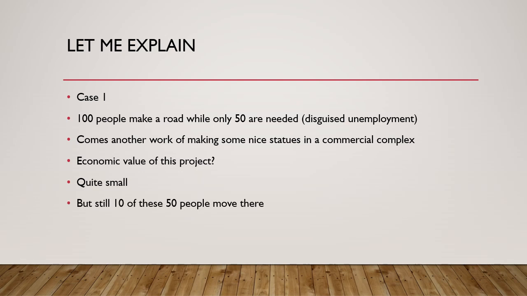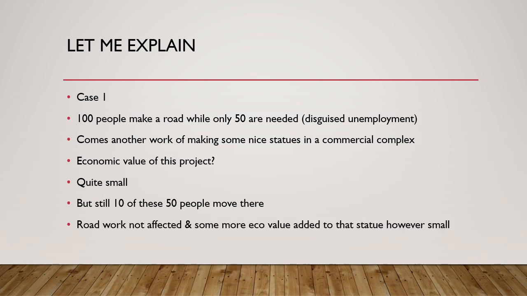However, since only 10 people are needed, and in any case there is slack in the labor, there's surplus labor working on the project, it's easy for contractor A to give contractor B 10 laborers. With this decision, the road work is not affected in any way. The road is completed on time, and howsoever small the economic value of the project of installing statues is, the economy gains overall, and there is no inflation.